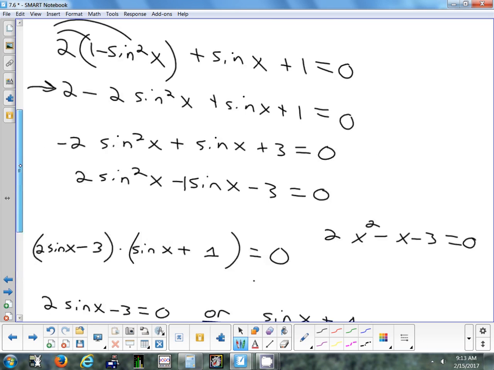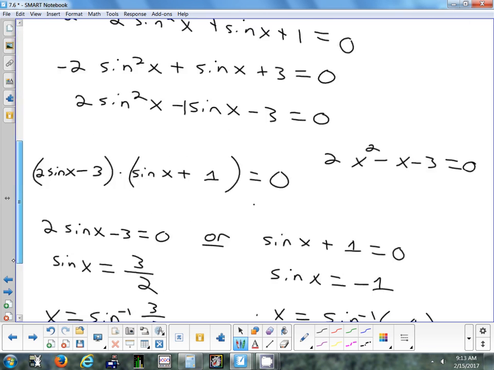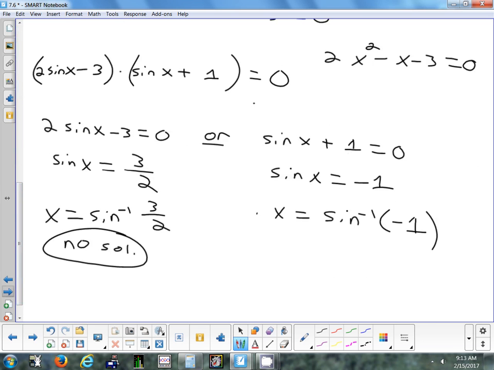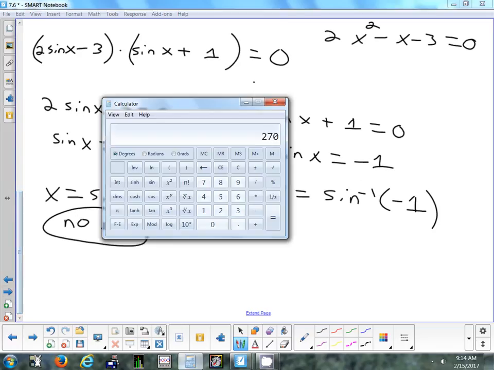Yeah, and I want to know where it hits -1 between 0 and 2 pi only. All right? So the easiest way is to type it in, but the problem is it's going to give you a decimal if I do it in radians. It's -1.57. But if we do it in degrees, you're going to get a nice answer, and then we could change to radians if they want us to.